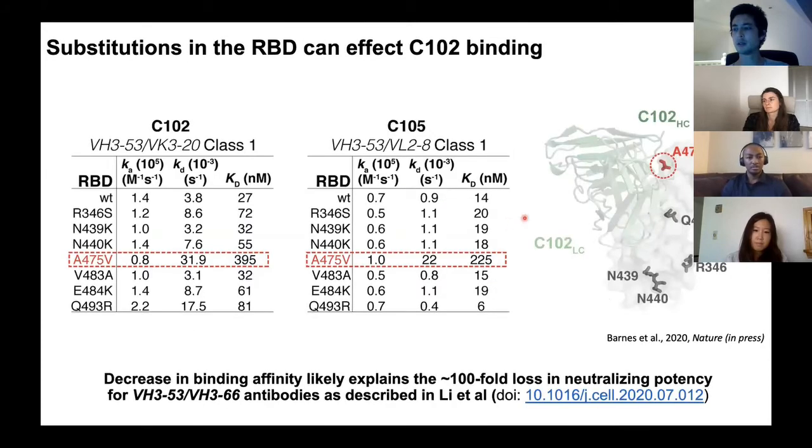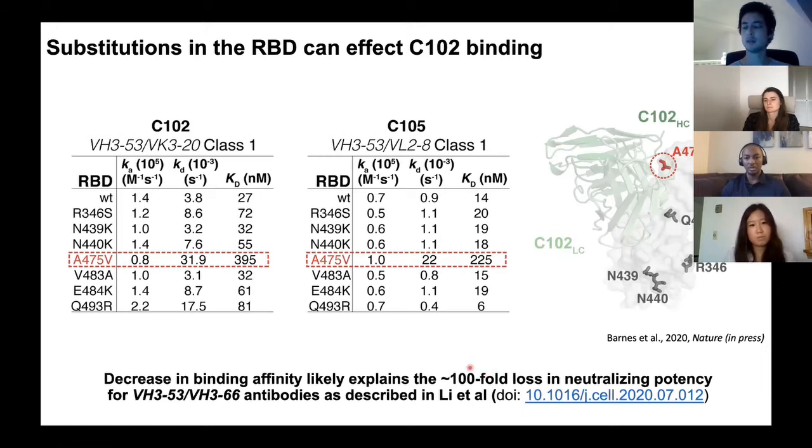Another thing to point out was whether you can get escape from C102 or C105-like antibodies. Recently, there have been reports of a naturally circulating mutation at position A475 that can reduce binding and reduce neutralization activity of these antibodies.